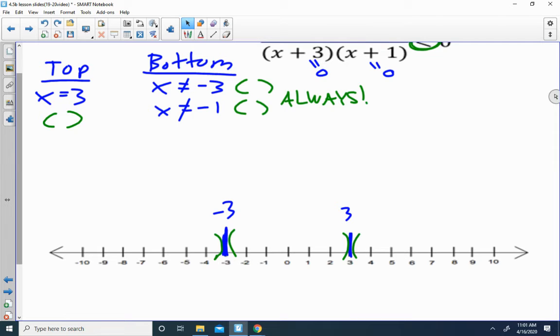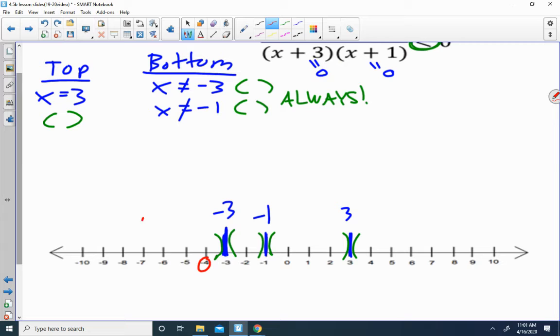And then we're also going to have a border at negative 1, and negative 1 will also have open parentheses. All right, we got 4 intervals to test. So that means we got to have 4 test values.